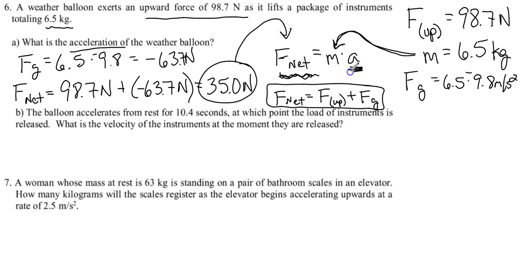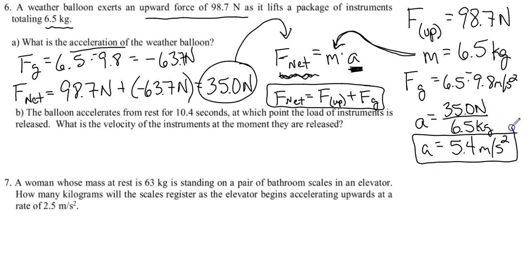In order to solve for acceleration, I just divide both sides by the mass. So acceleration is equal to 35.0 newtons divided by a mass of 6.5 kilograms, giving me an acceleration of the balloon of 5.4 meters per second squared.